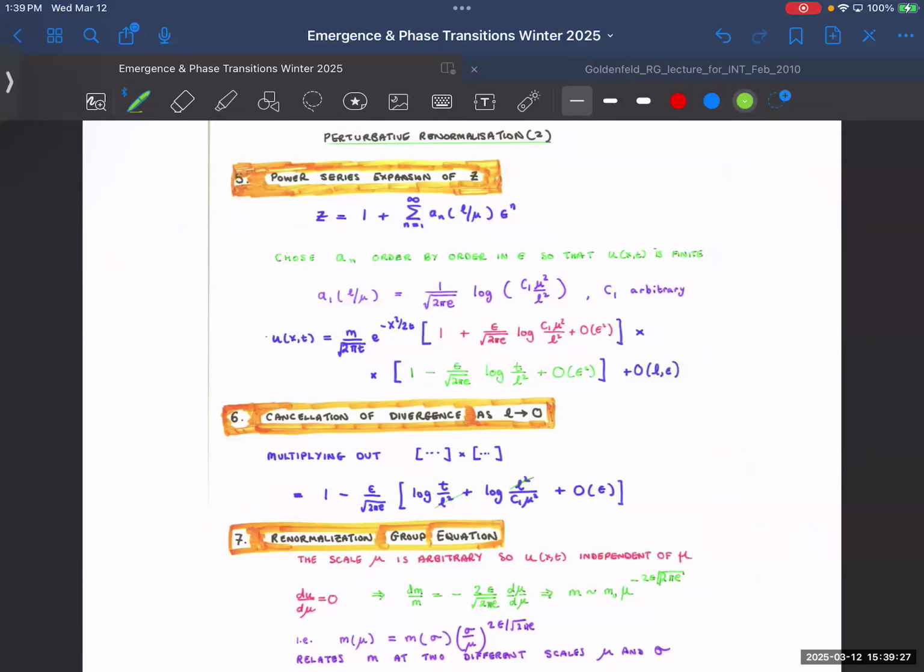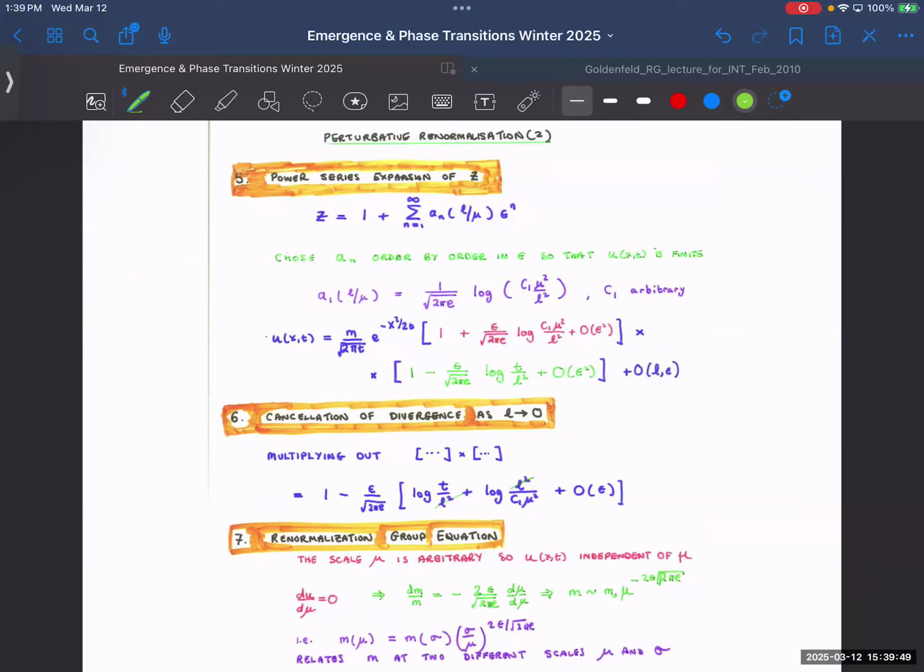Okay, now what is this renormalization coefficient? Well, we don't know, but it's going to depend on epsilon, so we're going to do a power series expansion of that coefficient, with coefficients a_n as a coefficient of epsilon.